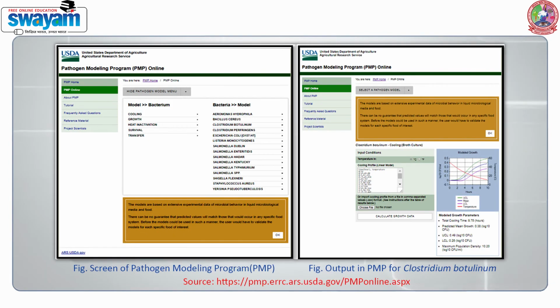We can see how the Pathogen Modeling Program PMP works online. It's a very simple program in which we can talk about various types of models which are dealing with bacteria or yeast or molds. We can also pick up the models for specific food products. If you see here, we have selected a model for the bacteria, and once the model for the bacteria has been selected, we get a range of microorganisms which can be chosen from under the list of bacteria.